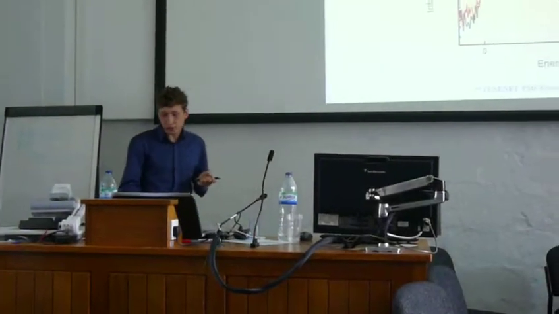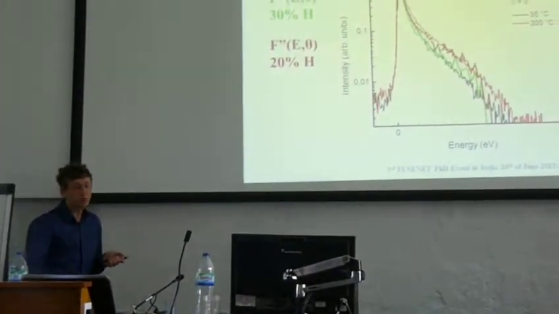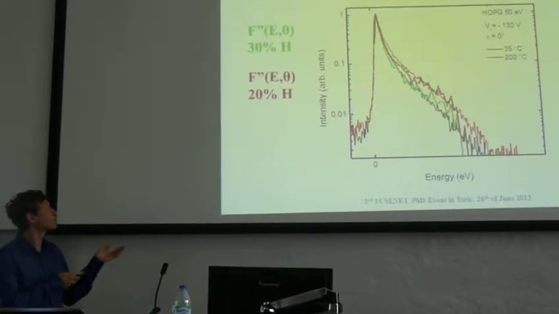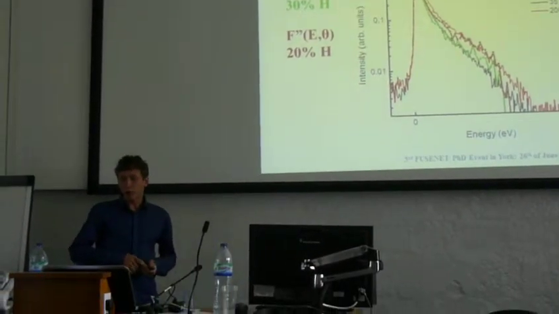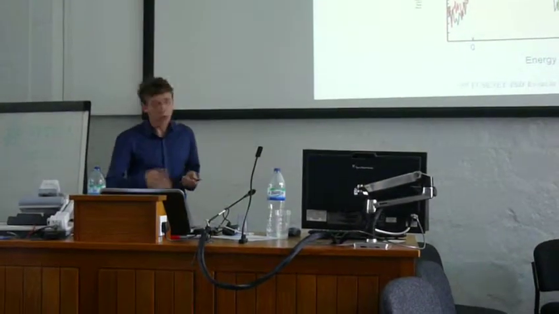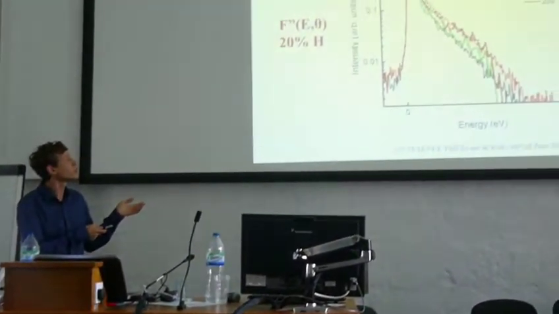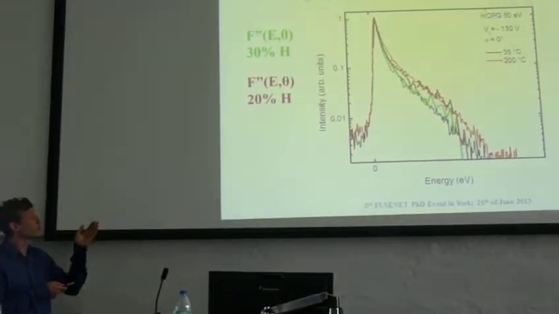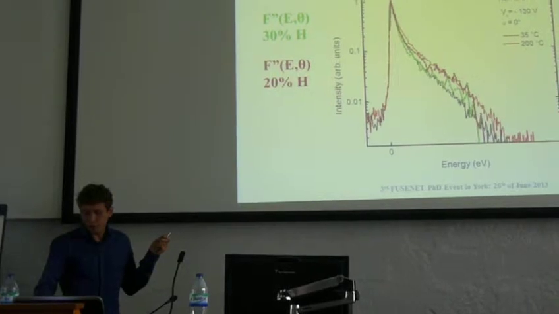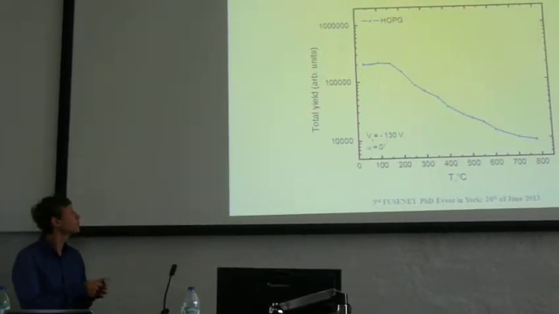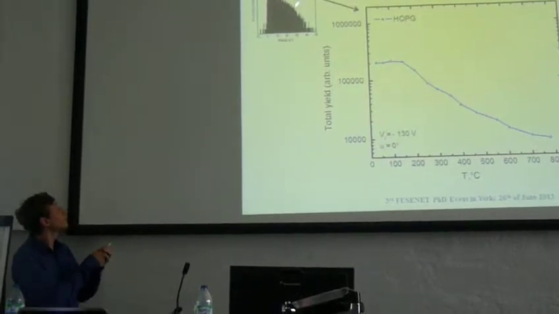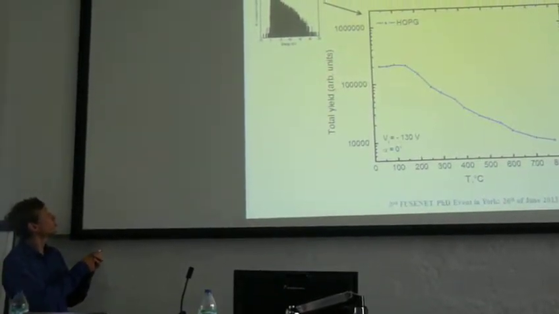However, for high temperature, we have noticed that the content of hydrogen on the surface has decreased. So we have done it for various temperatures, and this is basically the conclusion. We have the decrease of hydrogen coverage on the HOPG surface with temperature. For all the temperatures, each point here is the integral under the curve.